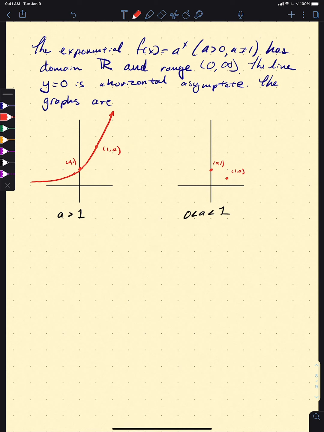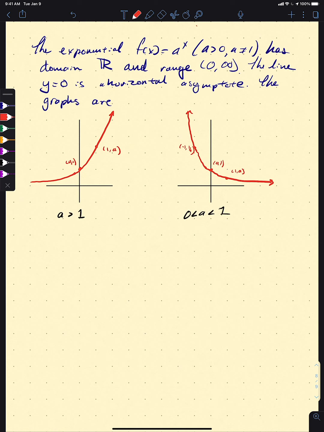But if we go the other way, a to the negative 1 is going to be 1 over a, and because a is less than 1, 1 over a is going to be larger than 1, right? So we can also get the point (negative 1, 1 over a). And once again, we connect this with a smooth curve and a horizontal asymptote. Okay, so these are our two parent graphs, right?